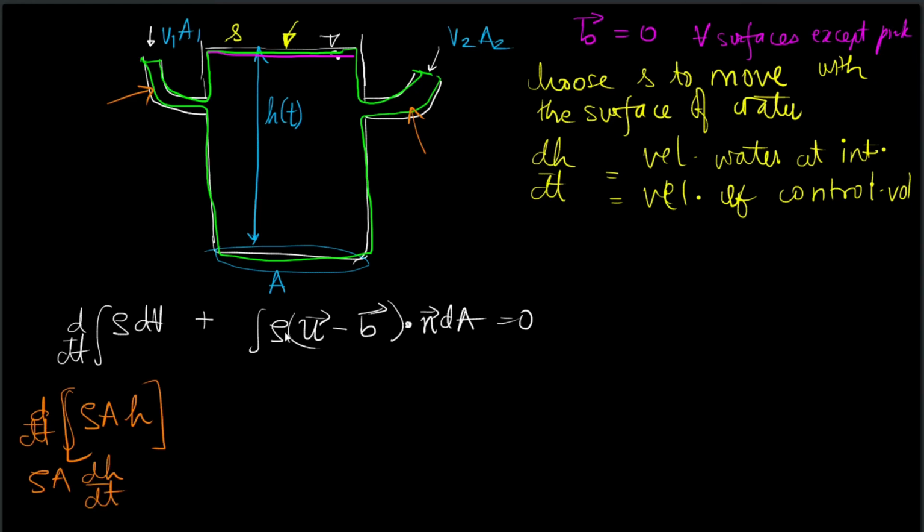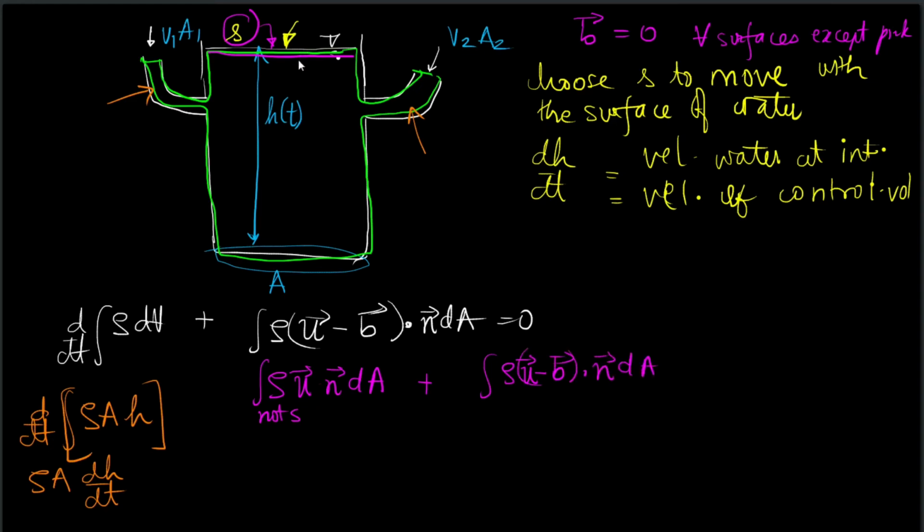What about the second term? For all the surfaces apart from the surface S, that is the top surface, b is going to be equal to 0. So it is integral rho u dot n dA over the other surfaces, plus for the surface S, integral rho (u minus b) dot n dA.